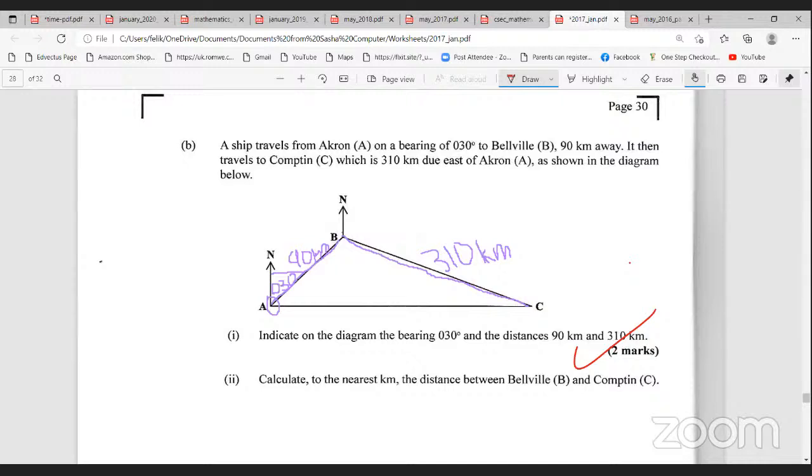So we need to figure out one of those angles inside of the triangle. What happened to my bright students? Hello? Yes, miss. So we need to figure out one of those angles inside the triangle.